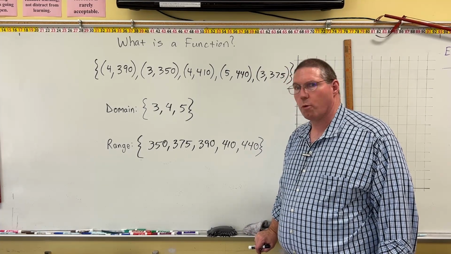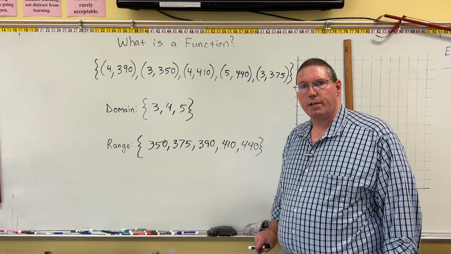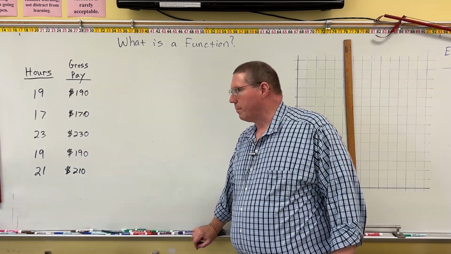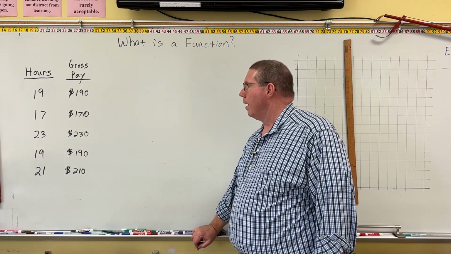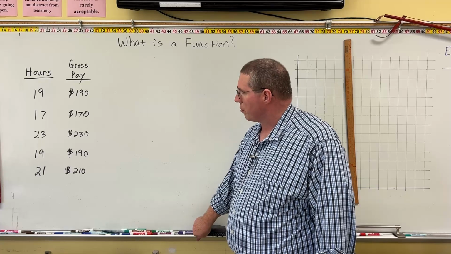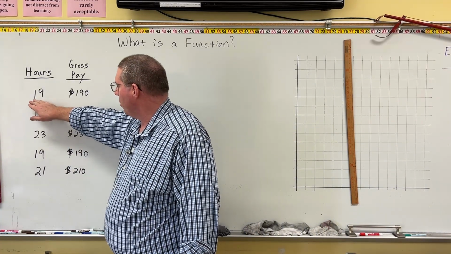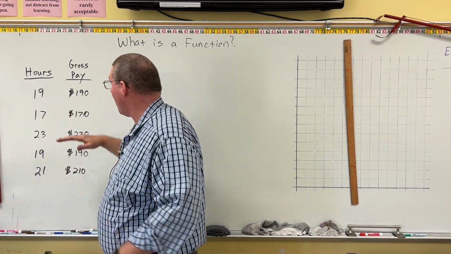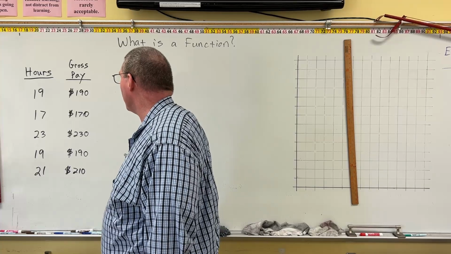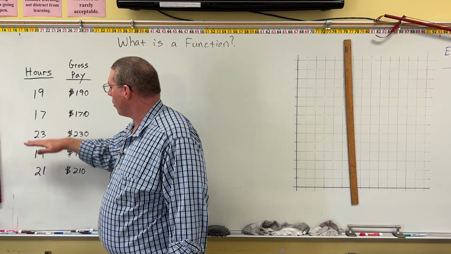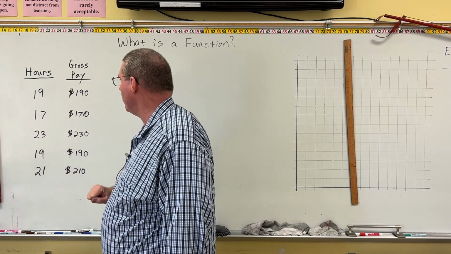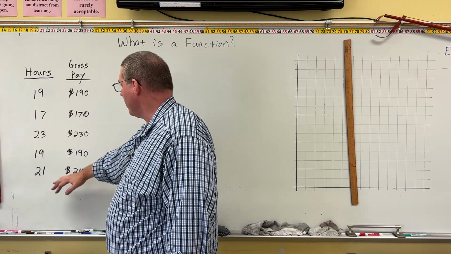All right, let's just do one more example and hopefully you'll have an understanding of this. Let's say we have somebody who works at a store and they work a certain number of hours in a week. In 1 week, they work 19 hours, and in that week, they get paid $190. The next week, they work 17 hours and they get paid $170, and so on.